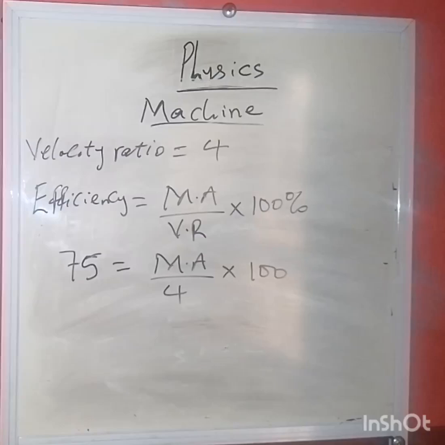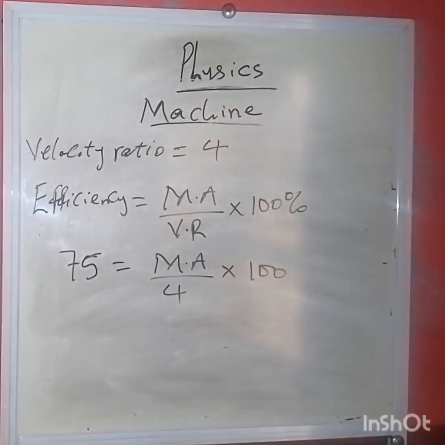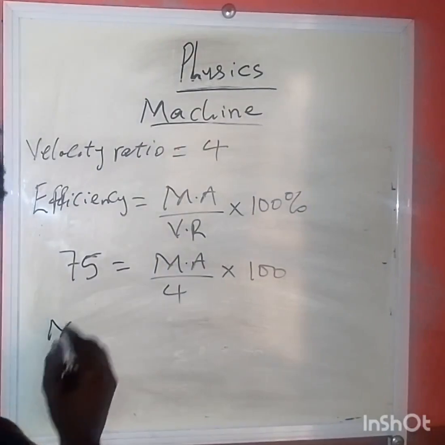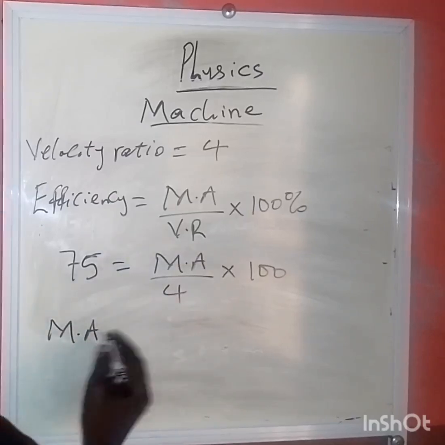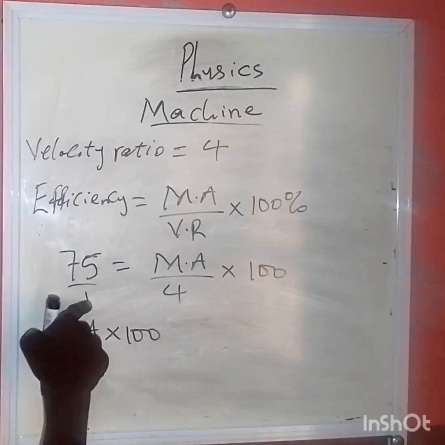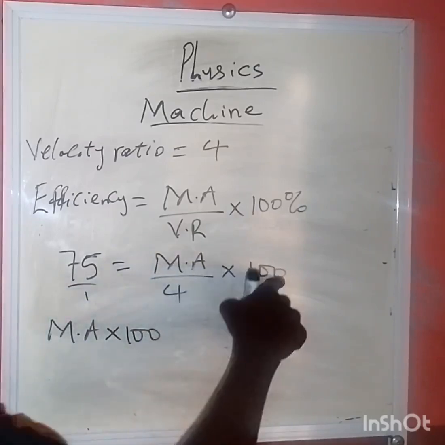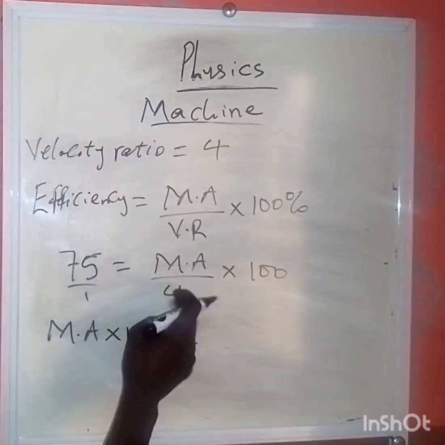We are going to make mechanical advantage the subject of the formula. You cross multiply. When you cross multiply, you are going to have MA times 100. Notice there's an imaginary 1 here. MA times 100 times 1 is equal to 75 times 4.